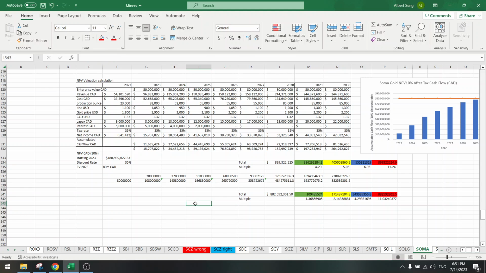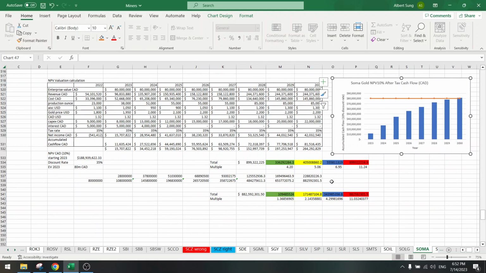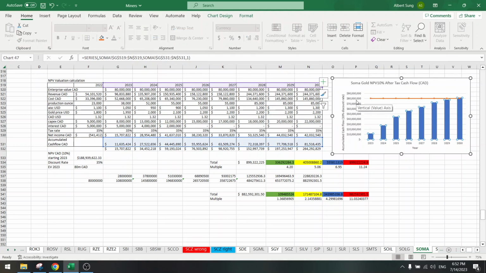Now, the clue of the story is the NPV now. Look at this chart. What do you see here? You see here that the 80 million enterprise value is equal to the end NPV. So the end NPV of accumulated cash flows is also 80 million.